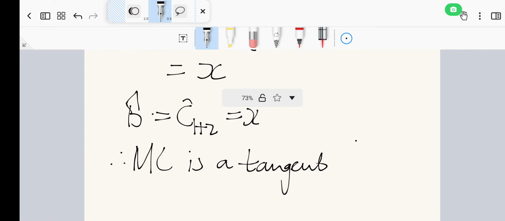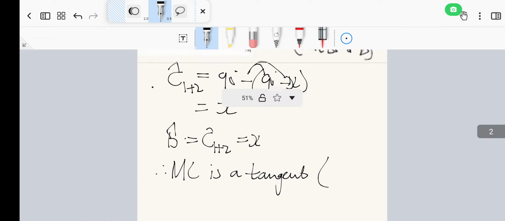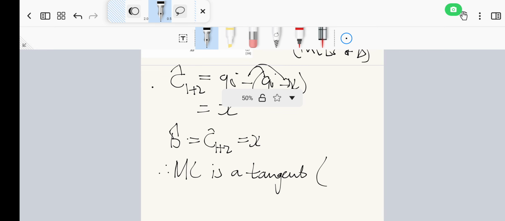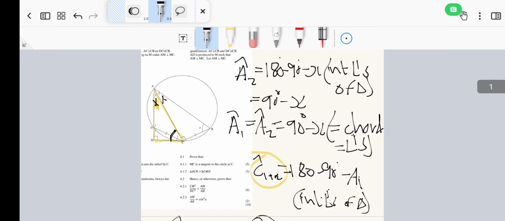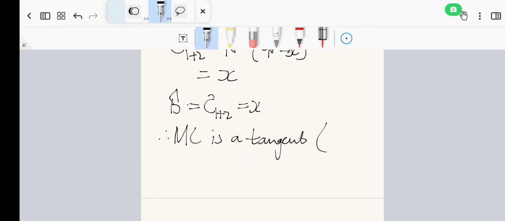And your reason: so now you need to say why it is the tangent. We know that if it was a tangent, you would be able to say tan chord theorem for them being equal to each other. Now, because you've proven that they are equal to each other, and you're using the fact that they're equal to prove that it's a tangent, you have to go for the converse of your tan chord.